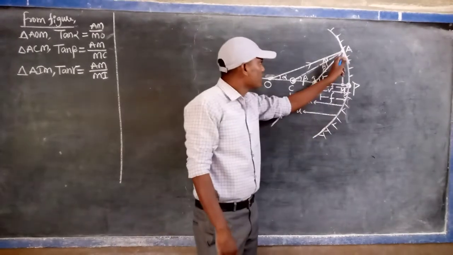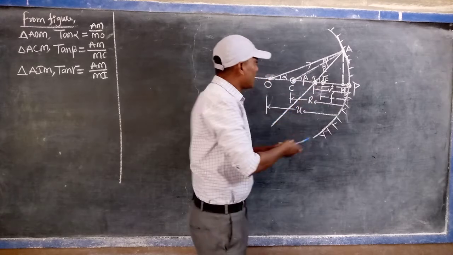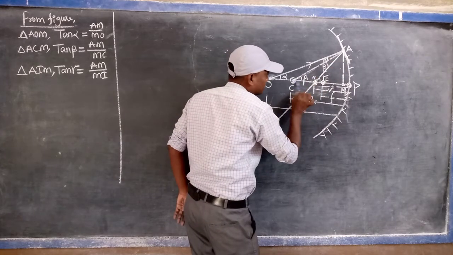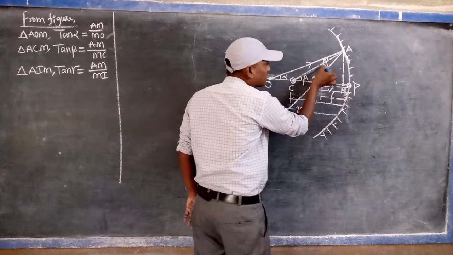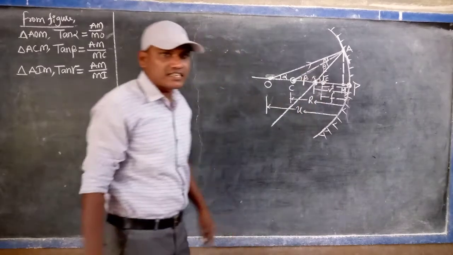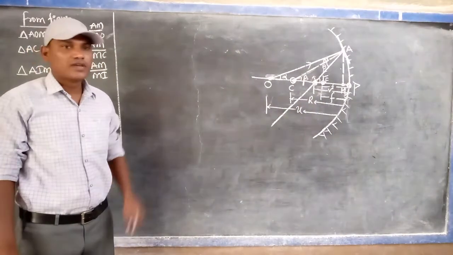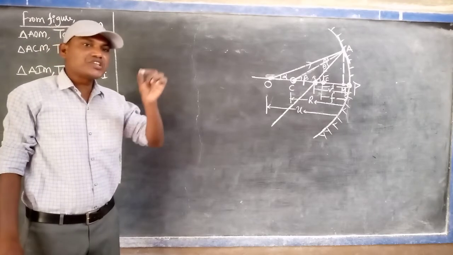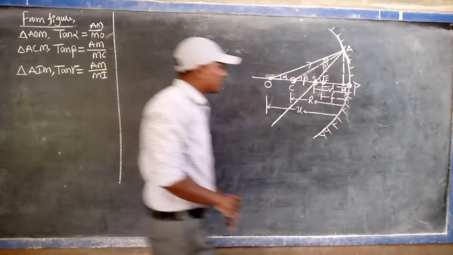In the same way, next, from ACI, it is also a triangular shape. In this one, beta and theta are the interior angles and gamma is the exterior angle. We know that according to mathematics, the sum of the two interior angles is equal to the exterior angle. That's right.